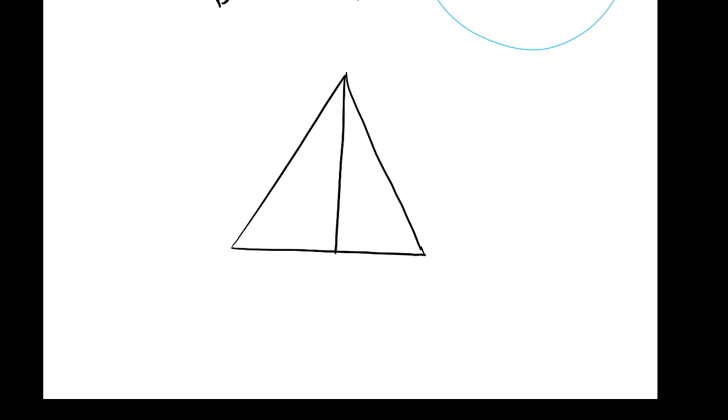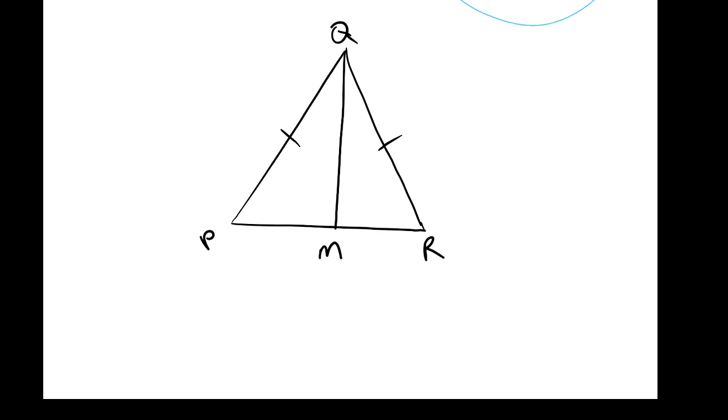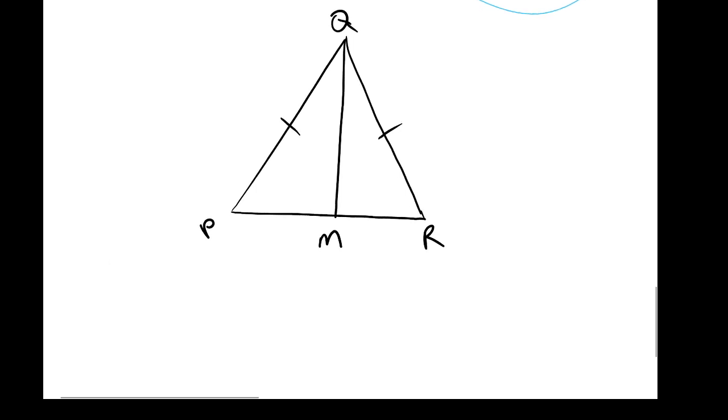How about P, Q, R, and M. Okay, so all I have marked is PQ and QR being congruent. Are these two triangles congruent? And the answer is they are not.